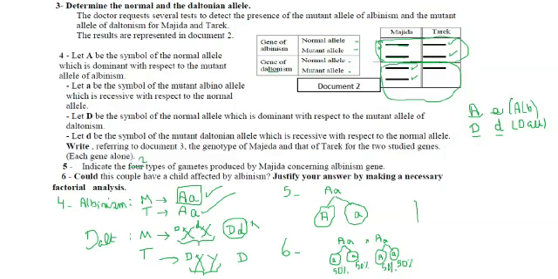The table must be closed, most of you did not close the table, it must be closed. We have 2 different types of gametes for the father and 2 different types of gametes for the mother: capital A, small a; capital A, small a.